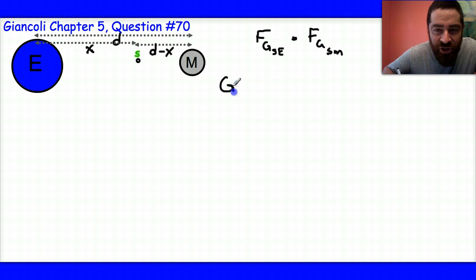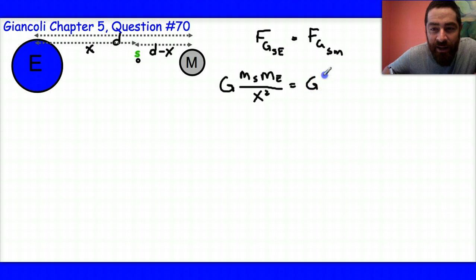I can now say that G times the mass of the spacecraft times the mass of the Earth divided by x squared is equal to G times the mass of the spacecraft times the mass of the Moon divided by (d minus x) squared.